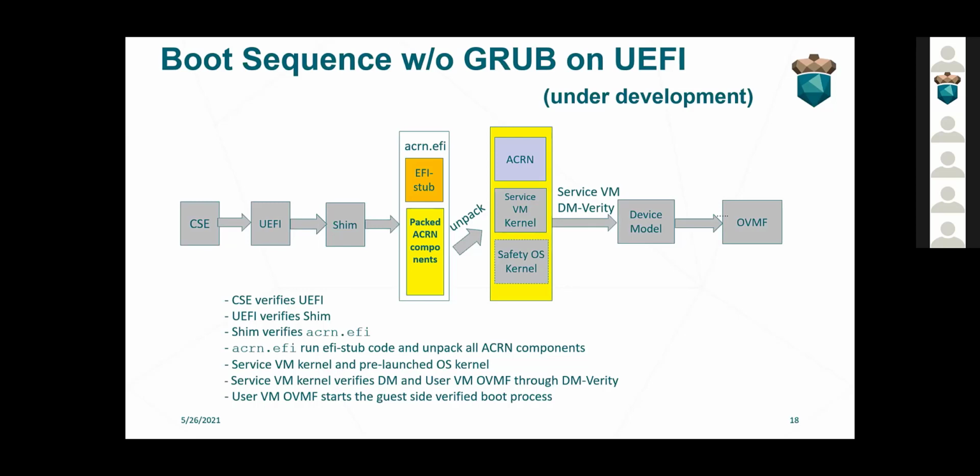And last, in the user VM, OVMF starts the guest side verified boot process. So this is a trust chain without GRUB on a UEFI platform. Okay, any question on this?